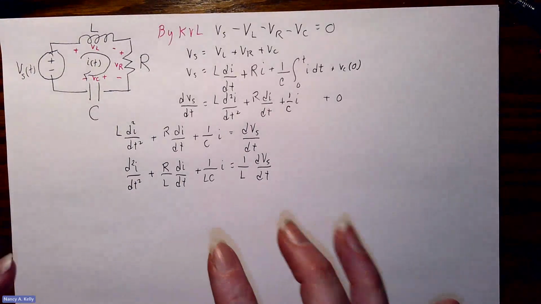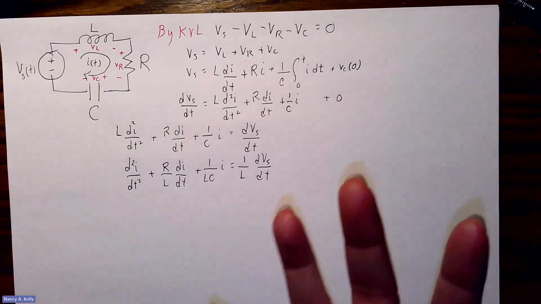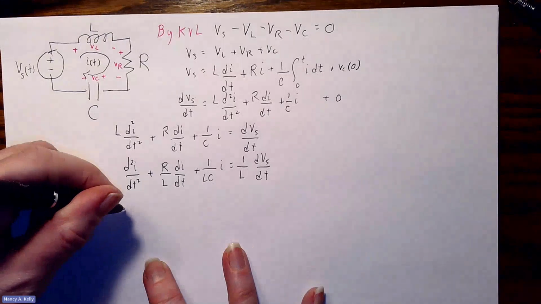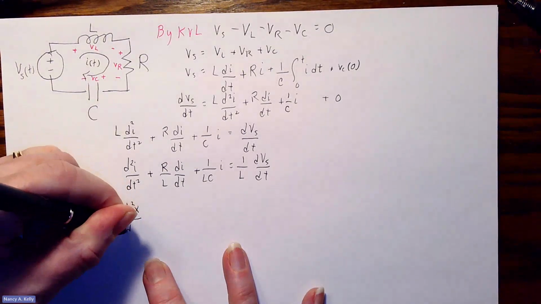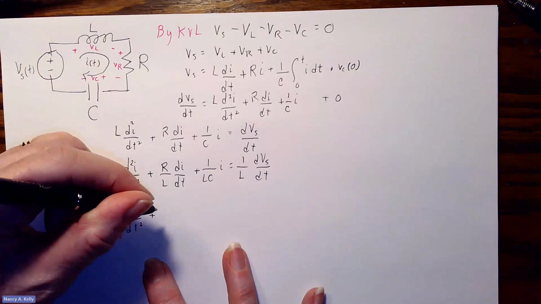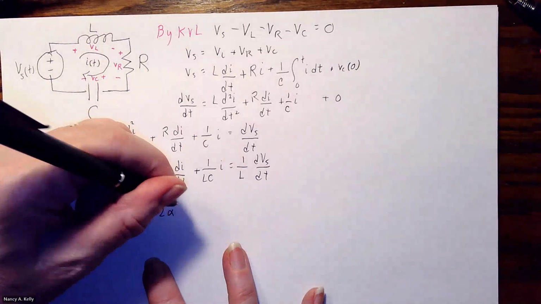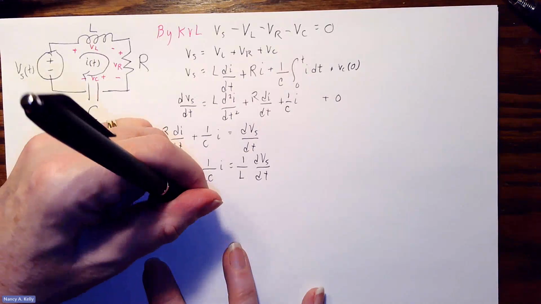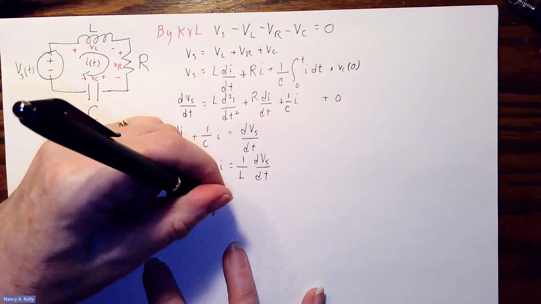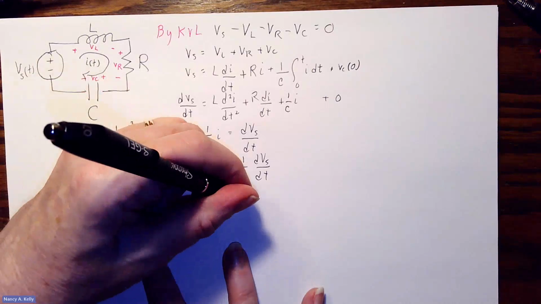Generally speaking, the second order differential equations that describe systems like this series RLC circuit can be written as follows. d squared x dt squared plus 2 times alpha dx dt plus omega 0 squared x is equal to f of t.